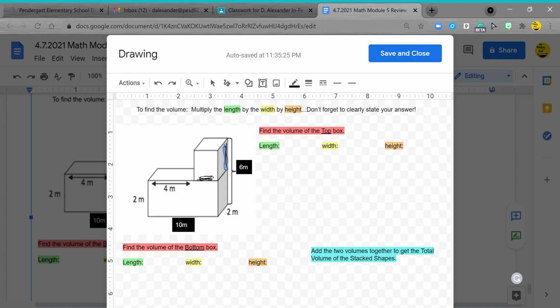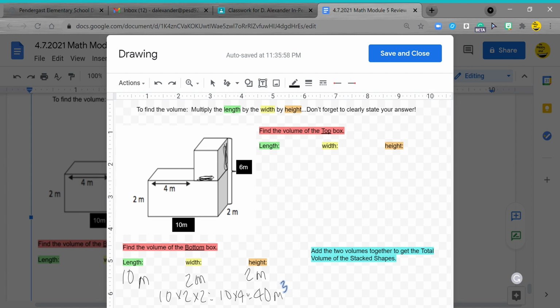Okay, those are the 2 I need to find for the top. I have the bottom. So right over here, the length is 10. The width is 2. And the height there is 2. So I'm going to go ahead and multiply. I have 10 times 2 times 2, which gives me 10 times 4, which gives me, yes, 40 meters cubed.